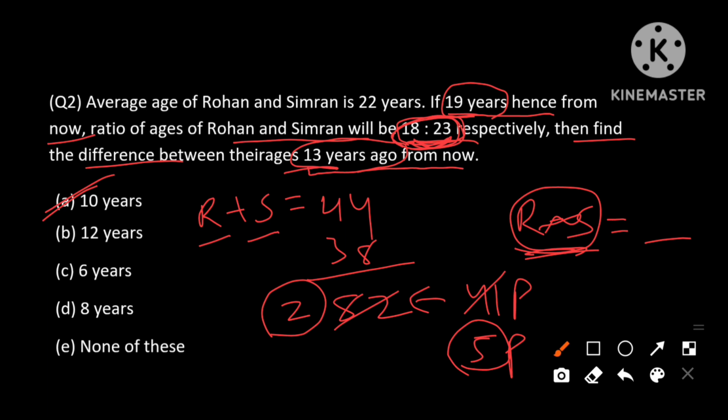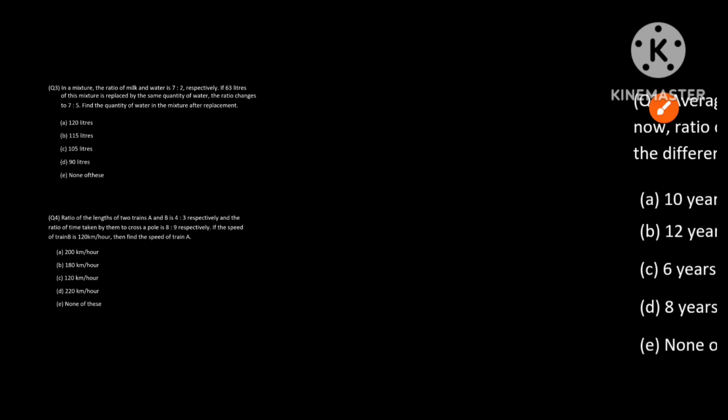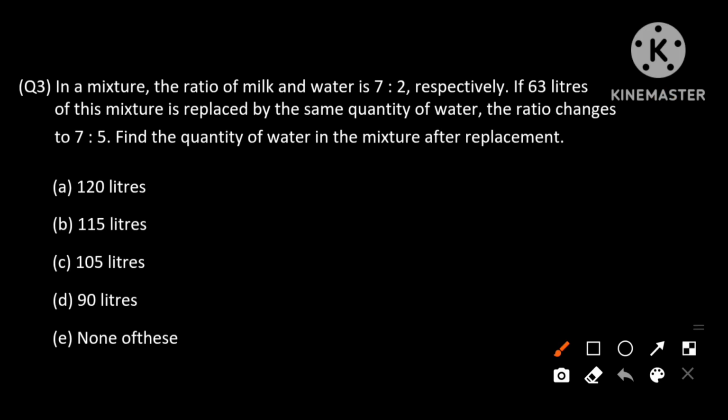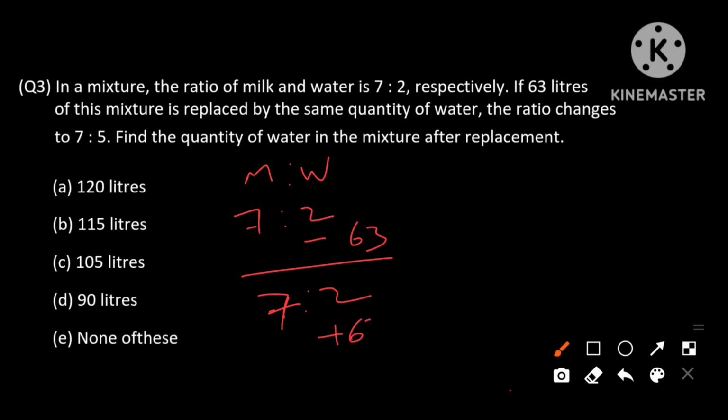Okay. Next, third question. Here we see in a mixture the ratio of milk and water is 7:2. If 63 liters of mixture is taken out and replaced with the same quantity of water, saying that it is replaced with water, so it will become 63, and it says that the ratio changes to 7:5.